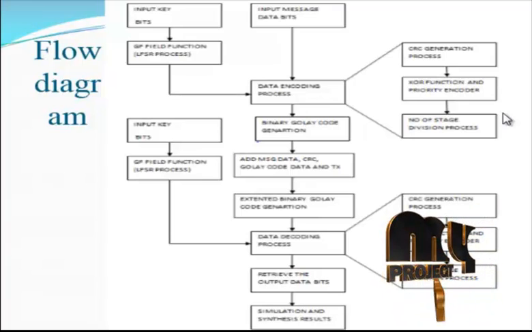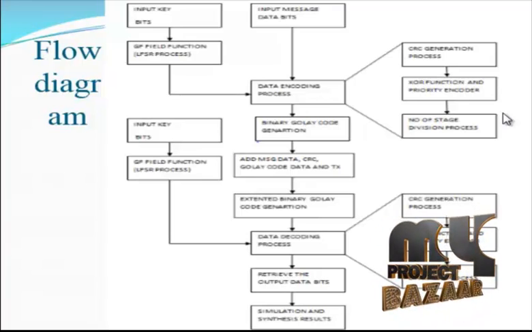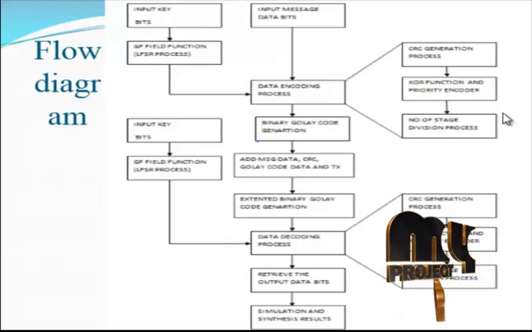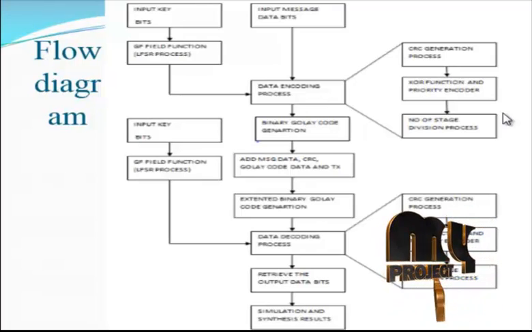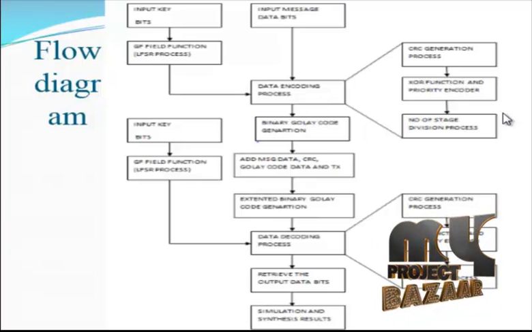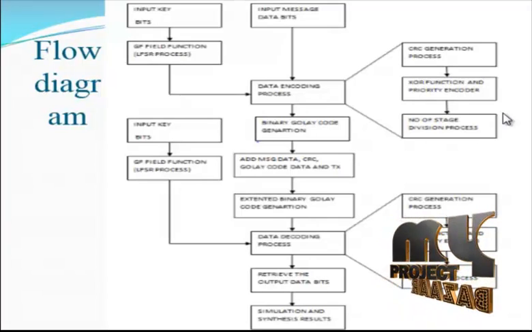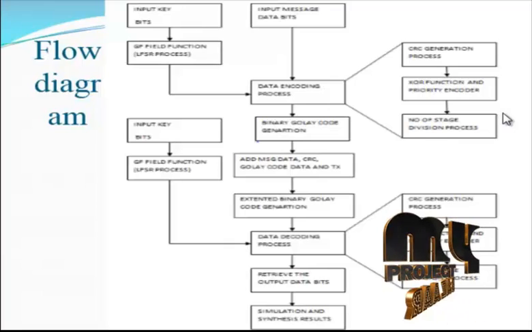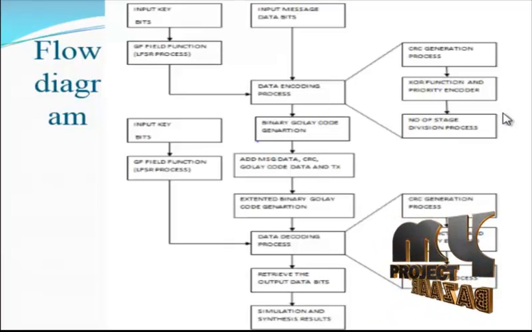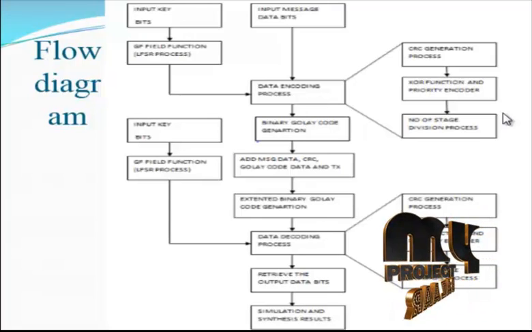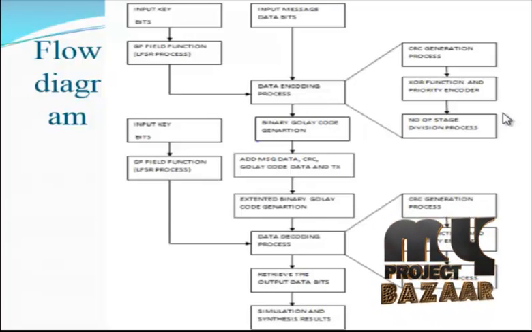The remainder data will be given to the priority encoder to detect the high value on the most significant bit. The number of zeros on the most significant bits is added to the right side of the remainder. The process is carried out again and again. Then the final remainder is given. The remainder bits are added to the data bits.